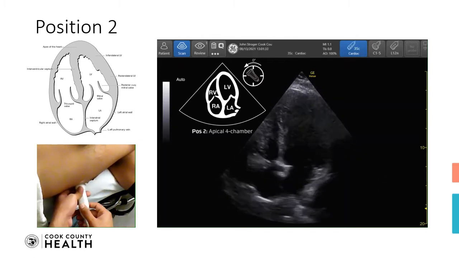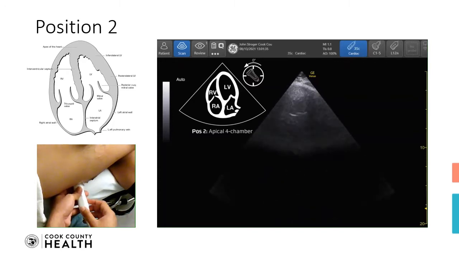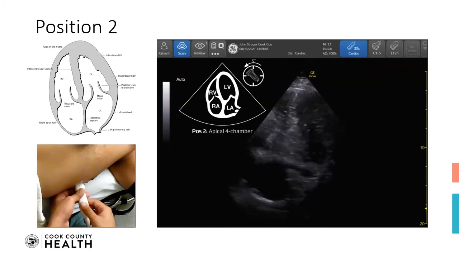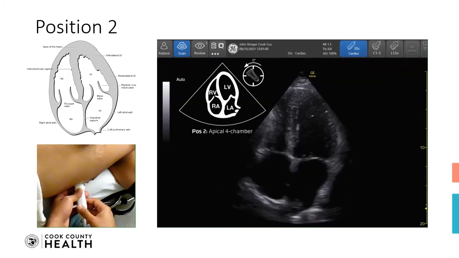And we are going to try to get an image where we see the left ventricle apex right below the probe. So I'm now window shopping and see right here we have the good image coming up.